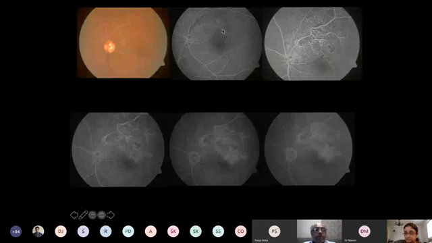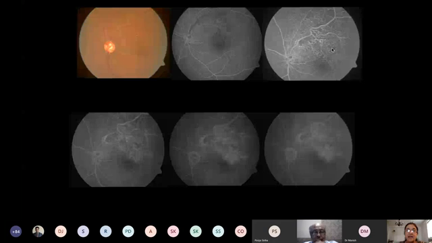You have these corkscrew kind of vessels, and a hypofluorescence in between. Whenever you are seeing an FFA, you see what are the areas of hypofluorescence, what are the areas of hyperfluorescence, and then you try to clinically understand where this hyper or hypofluorescence could be originating from.